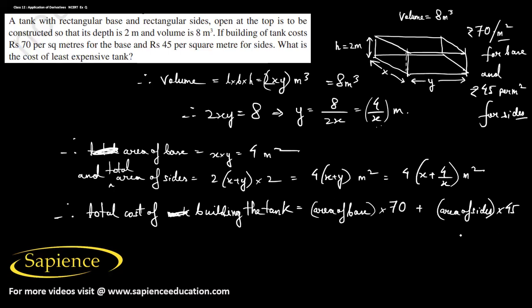So this is the total cost in rupees for building the tank. That is 70 into 4 plus 45 into 4 into x plus 4 by x rupees.